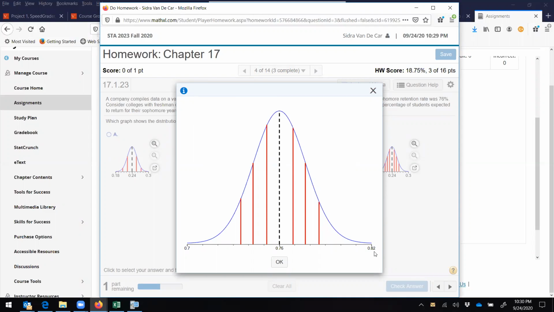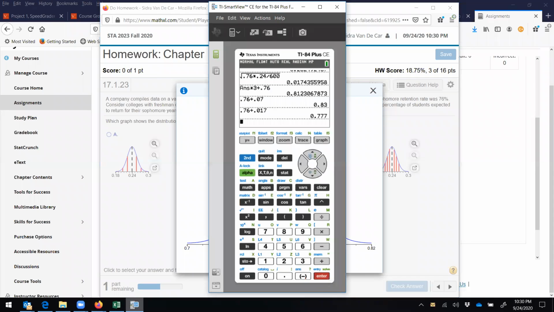All right, so this is a distance of 0.06. So each of these would be about 0.01. So my first standard deviation should be about 0.77.